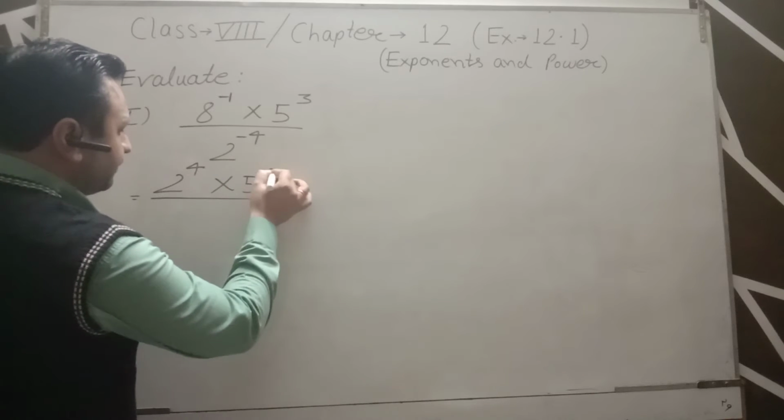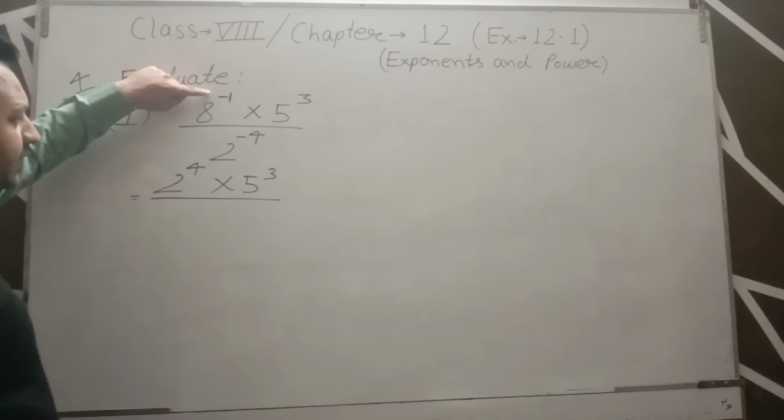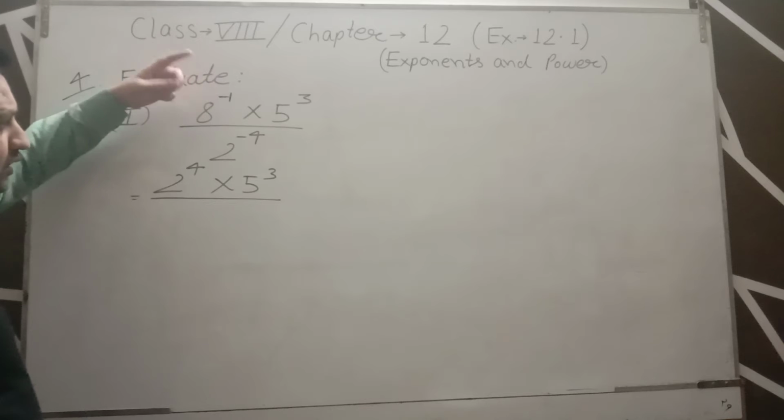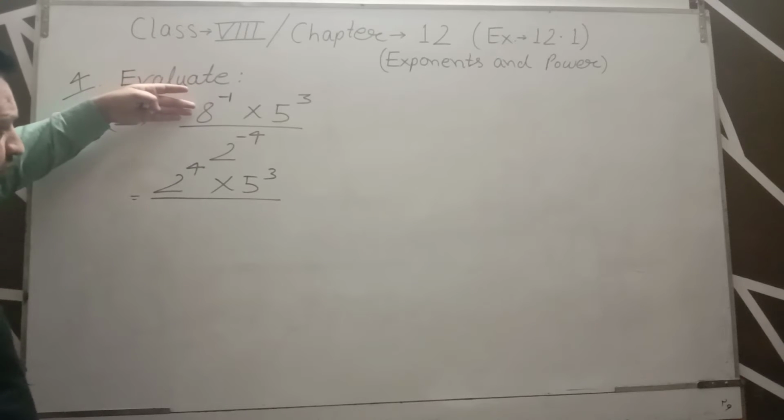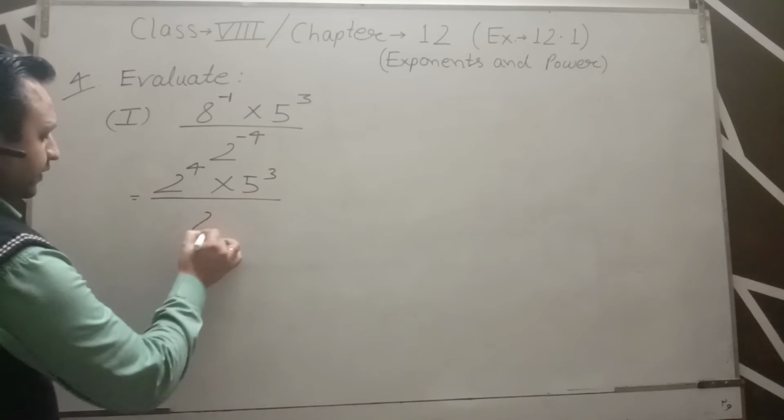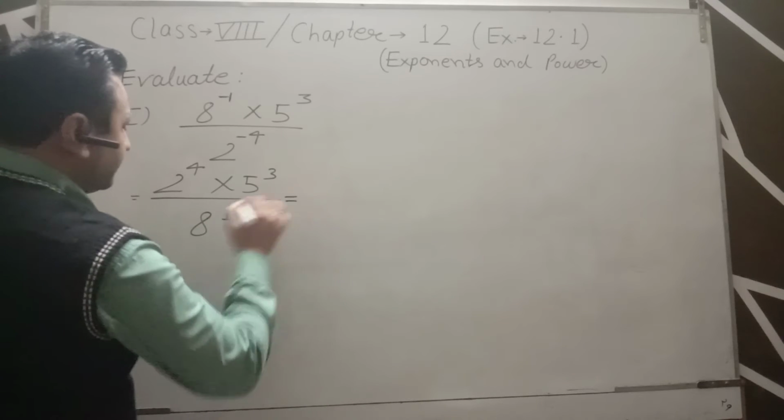Multiply 5 raised to the power 3, and 8 raised to the power minus 1, to convert the power to positive, we move it from numerator to denominator. It means 8 raised to the power 1.